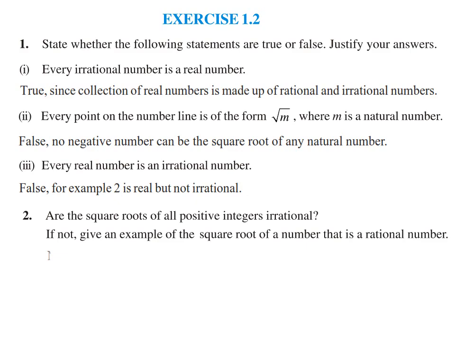So the first answer is no. It is not true that the square roots of all positive numbers are irrational. Why? For example, I am taking the square root of 4, which equals 2. Here 2 is a rational number, not an irrational number. So that's why this statement is false.